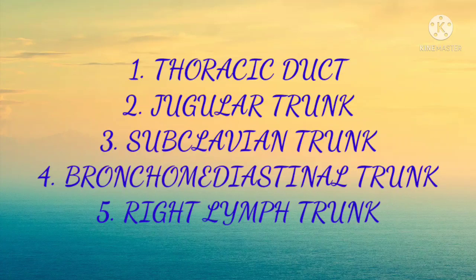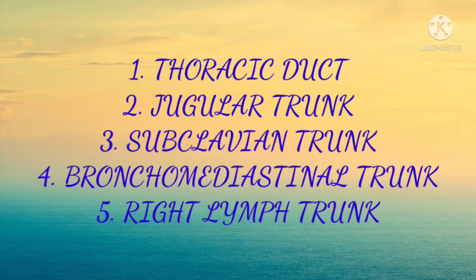It begins in the abdomen from the upper end of the cisterna chyli, traverses the thorax, and ends on the left side of the root of the neck by opening into the angle of junction between the left internal jugular vein and the left subclavian vein. Before its termination, it forms an arch at the level of the transverse process of the 7th cervical vertebra, rising 3 to 4 centimeters above the clavicle.